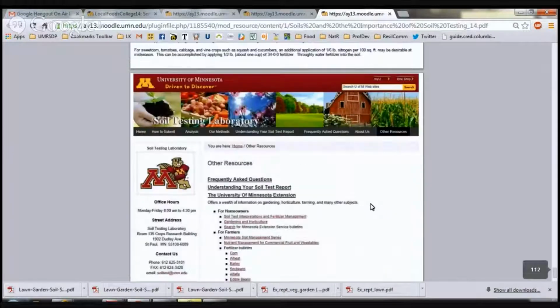And I just wanted to show you, this is the other resources page on the soil testing site. There's more information that I could put on the Moodle site, so I just put a link to this site and the references here, especially if you have a lot of questions about soil testing. There's a link there for understanding your soil test report.